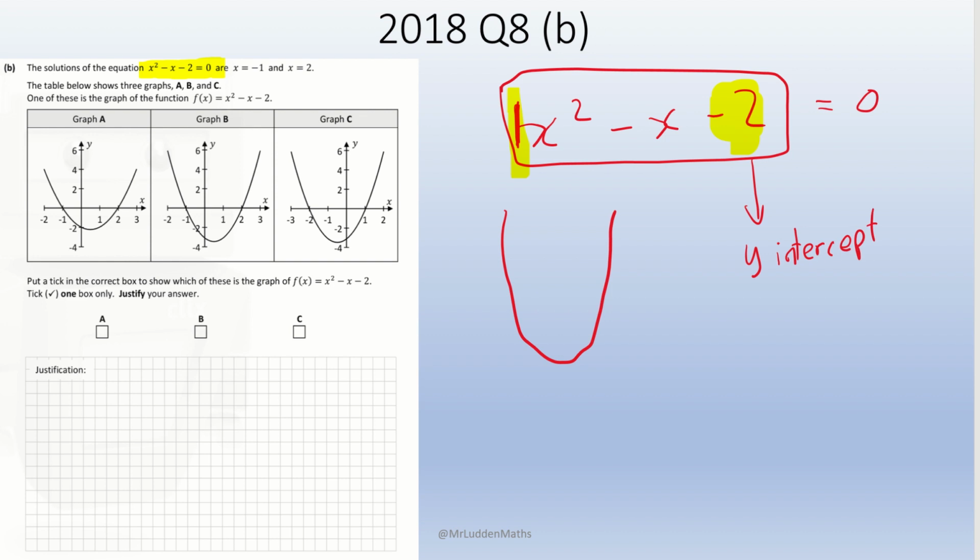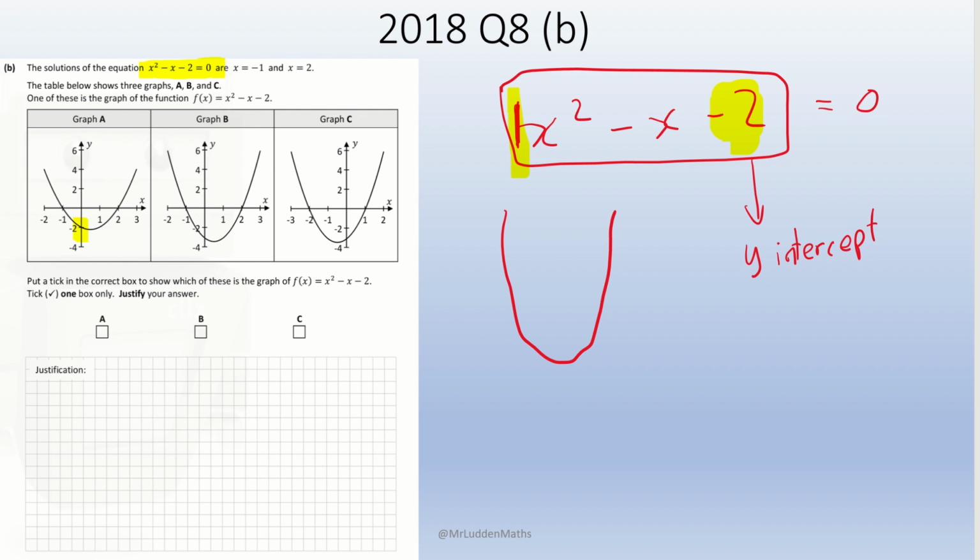So if we look at our three graphs, we need somewhere that crosses the y-axis at -2. And if you have a look, graph A crosses the y-axis at -2. And if you look at graph B and graph C, straight away, they do not do the same.